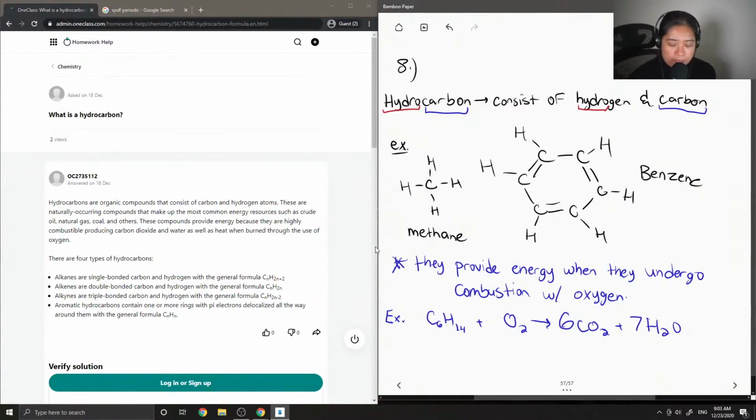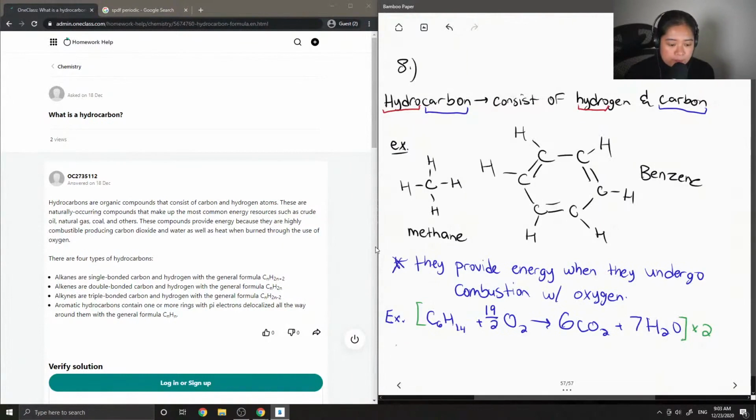Okay, so if we count it out, in the reactant side, it is 12 plus 7, which is 19. So in front of O2, I'm going to put 19 over 2. But in order to get everything as a whole number, to get rid of that fraction, I'll multiply this whole reaction by 2.